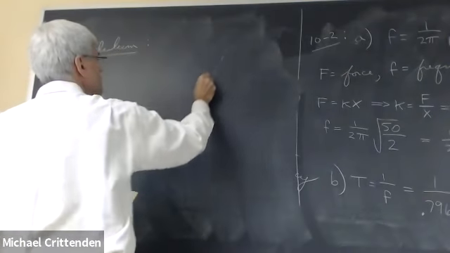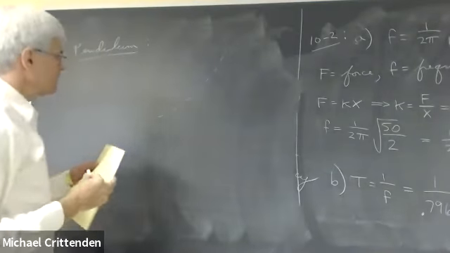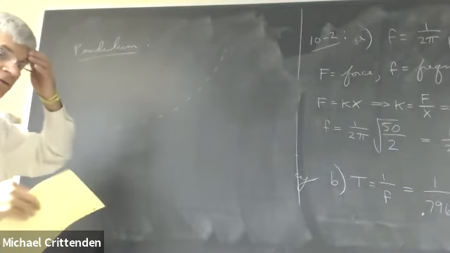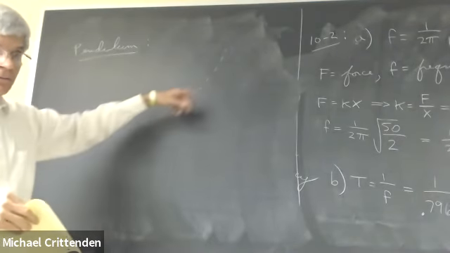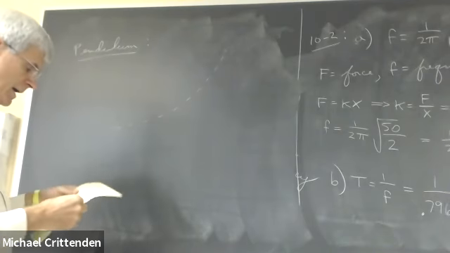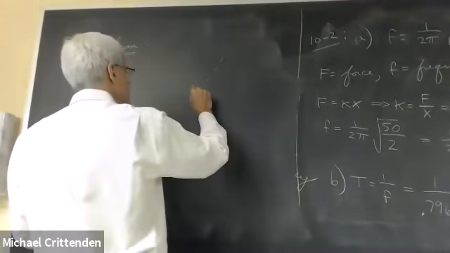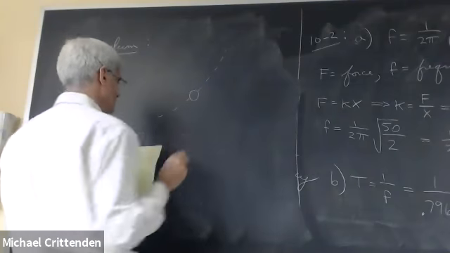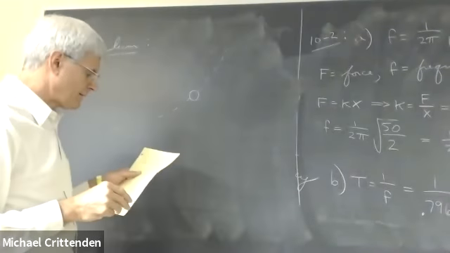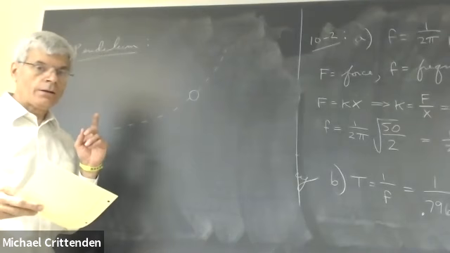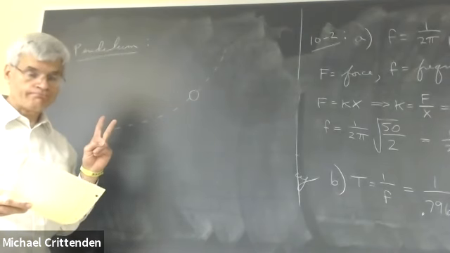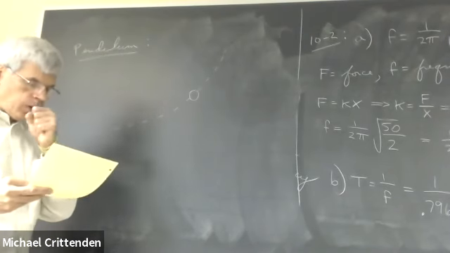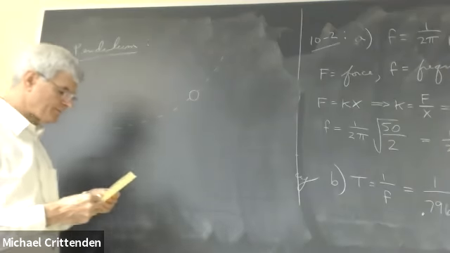So here's our pendulum. There's part of the circular arc that it's traveling along as it goes back and forth. And at this particular moment, the mass is located right there. There are two forces that act on the pendulum.